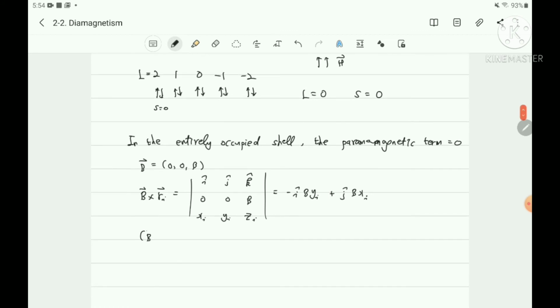Therefore, |B cross r_i| squared is B squared times (x_i squared plus y_i squared).